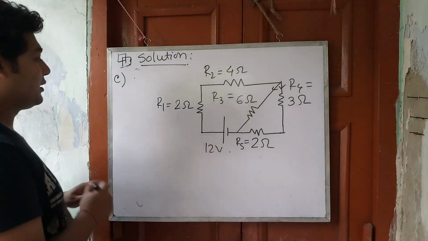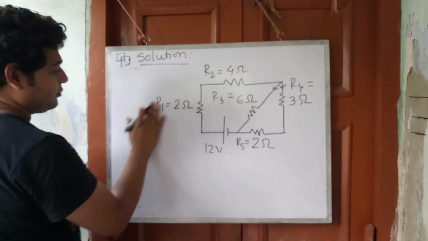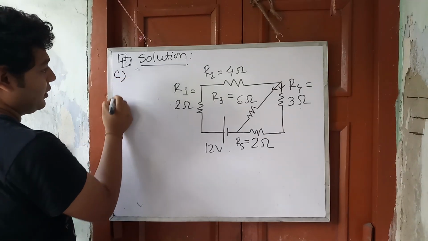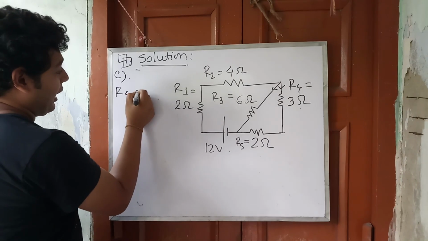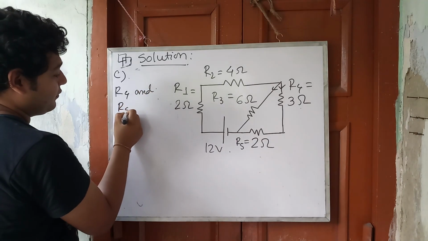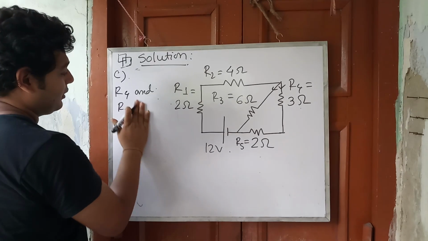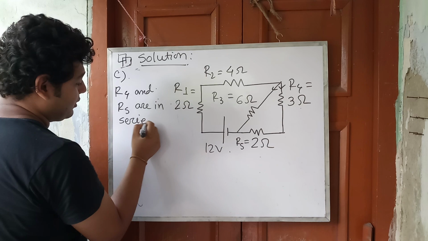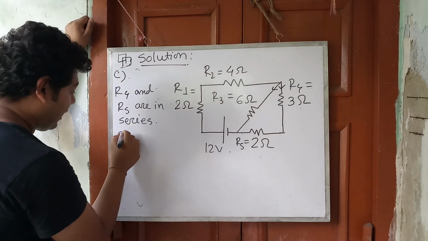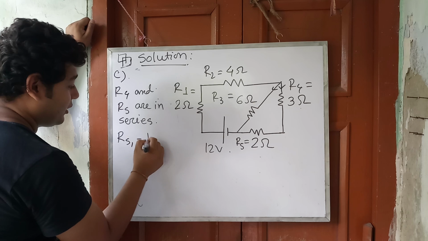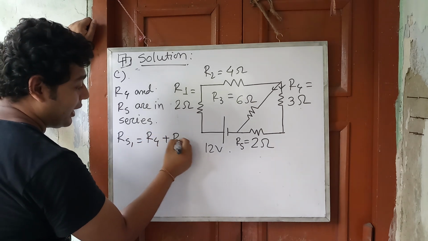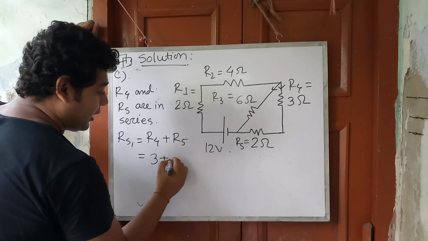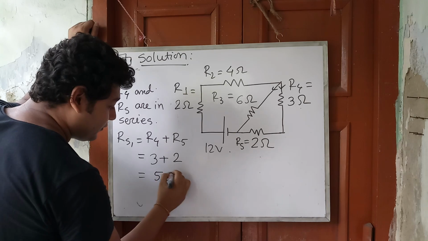Then we can write R4 and R5 are in series. So we can write Rs1 equal to R4 plus R5. So we get 3 plus 2, or 5 ohm.